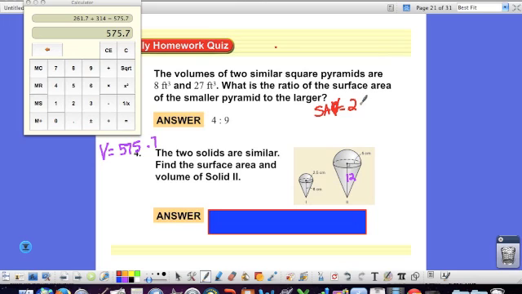Surface area equals 2 times pi times radius squared. So 25 times 3.14 times 2, because it's only half of a sphere, so it's a hemisphere. So that surface area of the hemisphere is 157.